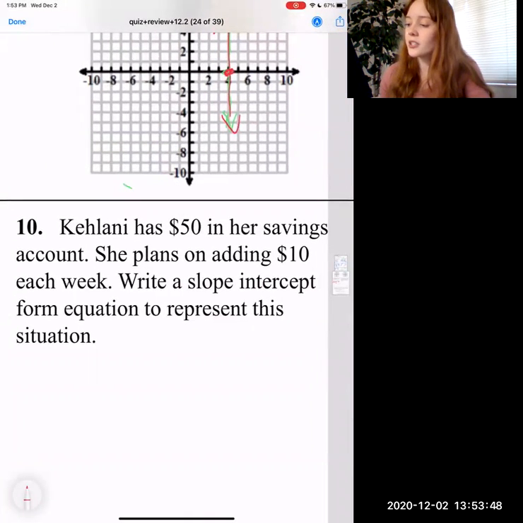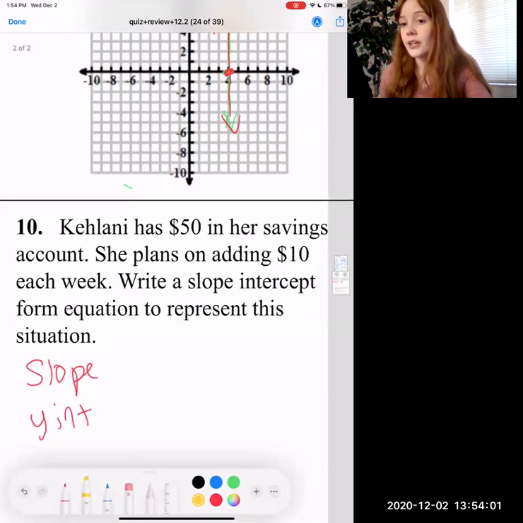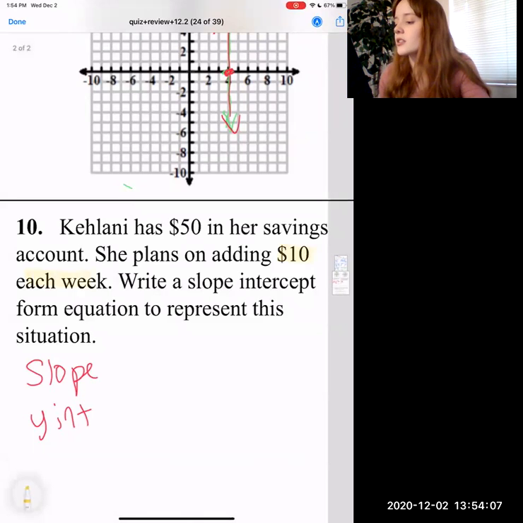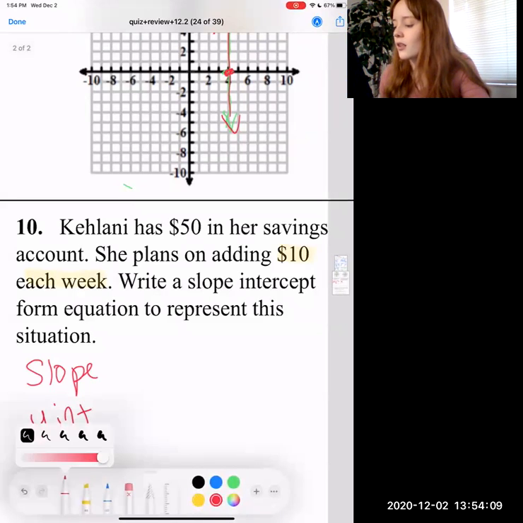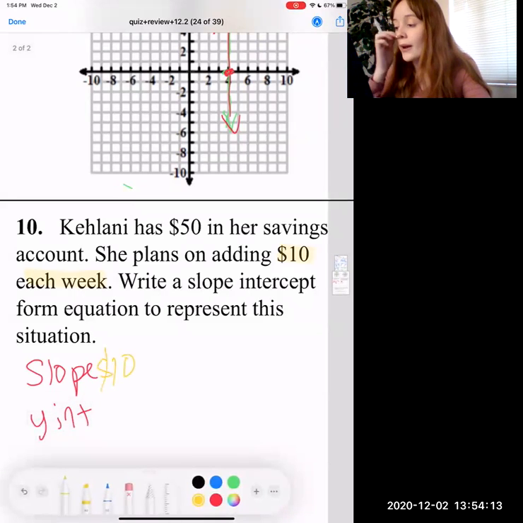Kaylani has $50 in her savings account. She plans on adding $10 each week. Write a slope-intercept equation for this situation. To do that, we need the slope and the y-intercept. Our slope is going to be the "for every" or the "per" or the "each" kind of word. So that's going to be the $10 each week. That will be our slope. Our y-intercept will be our starting point.